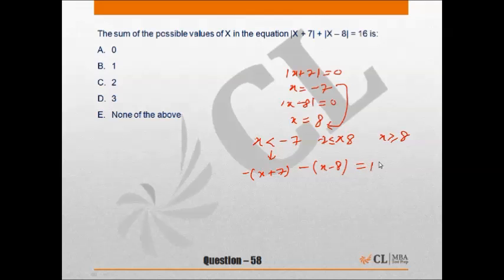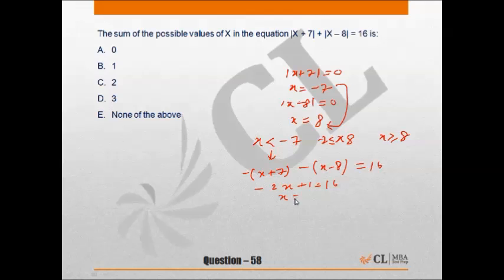From here we get minus twice of x plus 1 equals 16.